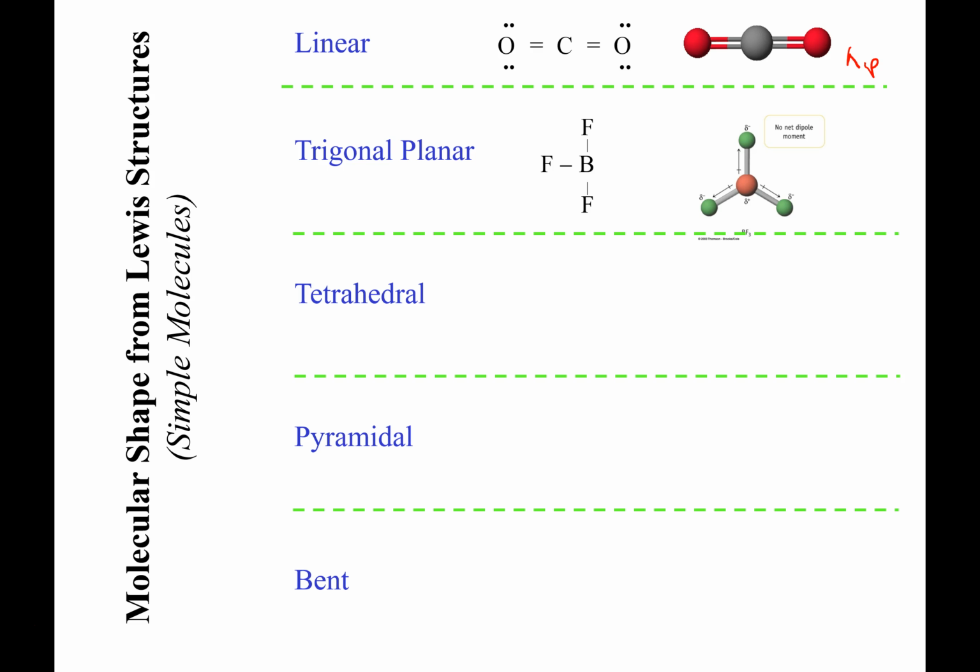If you let those fluorines repulse from the boron as they're going to, they make that trigonal planar sort of shape. So in this case, that's also nonpolar. Yep, nonpolar. And it's hard for you guys to read up there. I think that says no net dipole moment. So this is mu is equal to 0.